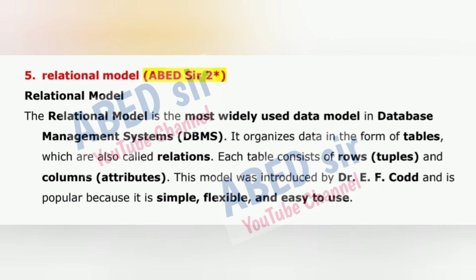It organizes data in the form of tables, which are also called relations. Each table consists of rows, tuples, and columns, attributes. This model was introduced by E. F. Codd and is popular because it is simple, flexible, and easy to use.